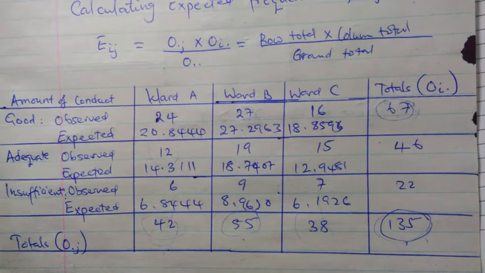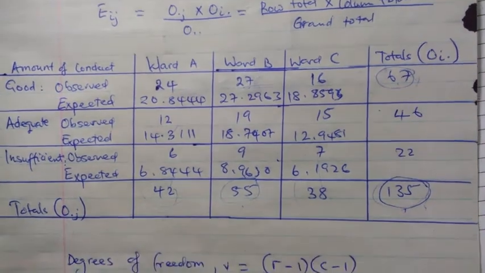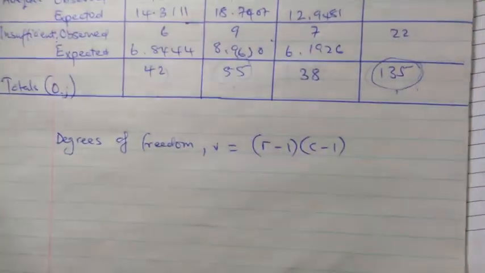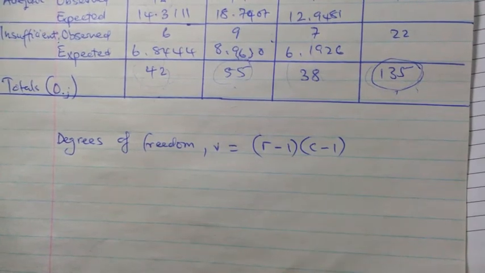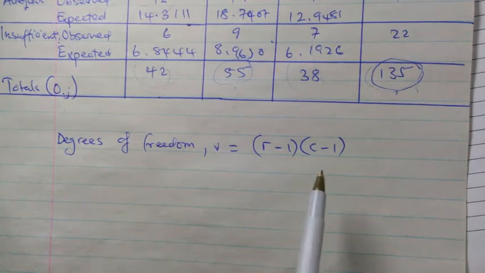So after filling this contingency table, the next thing we are going to do is to calculate our degrees of freedom. To calculate our degrees of freedom, which we denote by V here, we use the formula (R minus 1) multiplied by (C minus 1). R is the number of rows in our contingency table and C is the number of columns.